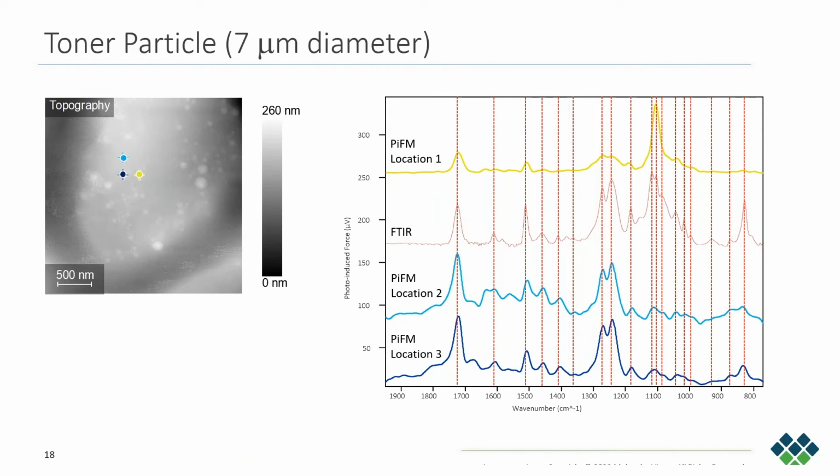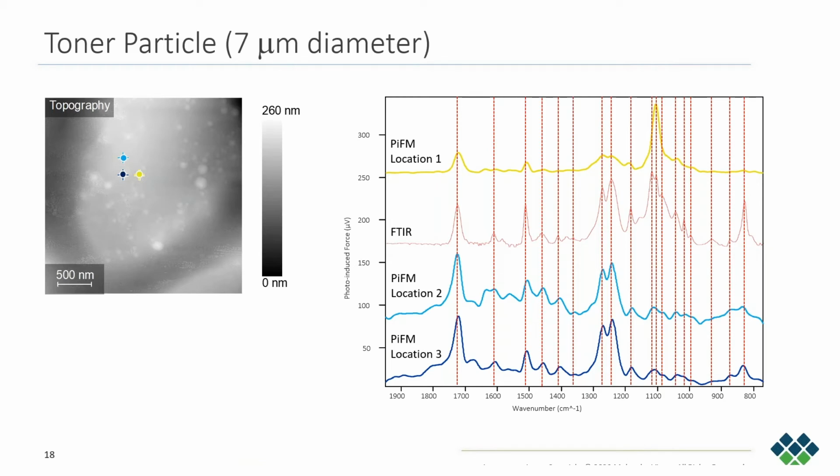So here we can see that by looking at three different locations of the grains, you actually have different contributions. The yellow contributes strongly at 1100, the dark blue at 840, the light blue around a broad range of 1400 to 1500. So you can tell that FTIR for an inhomogeneous sample will be an ensemble or sum of many, many local PFM spectra.